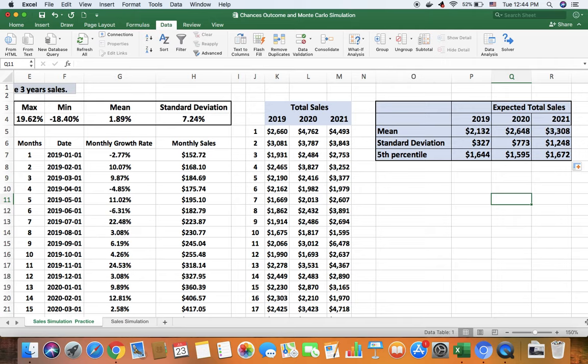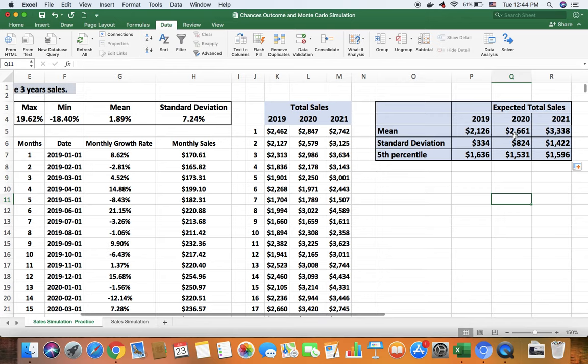It almost doesn't change. It is around 2,000, or 2,600, or 3,300. That means we can expect the total sales of the future 3 years to be around this value. Thank you.